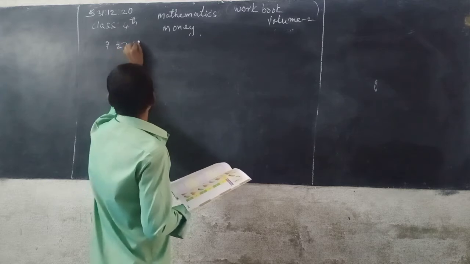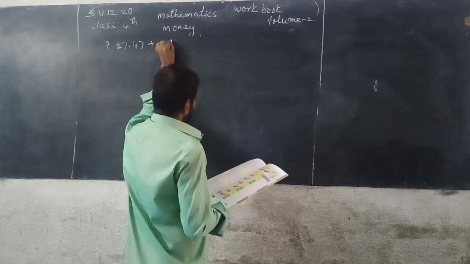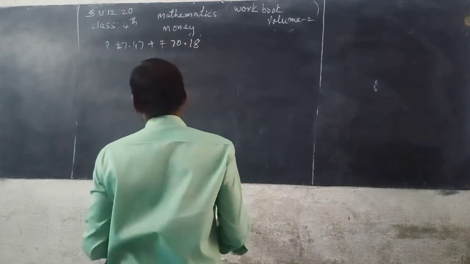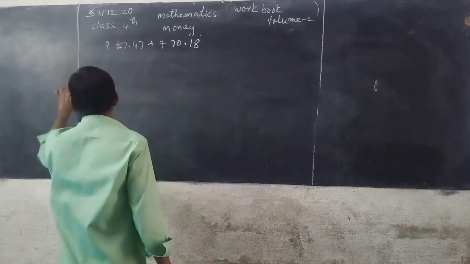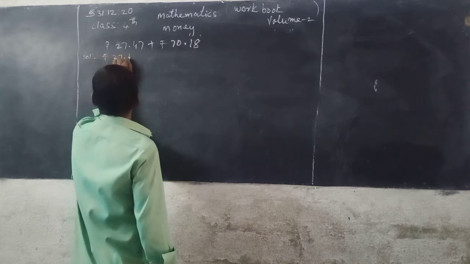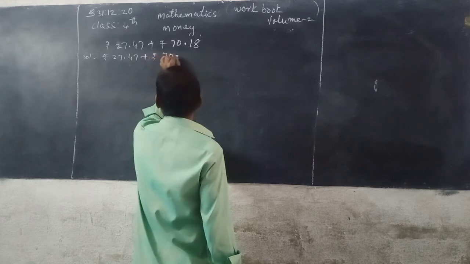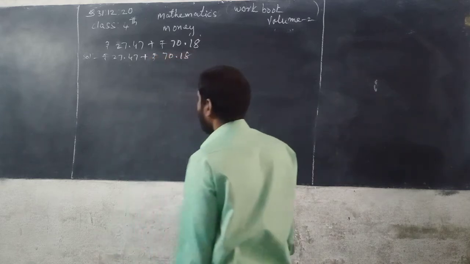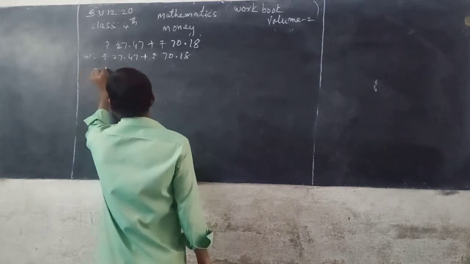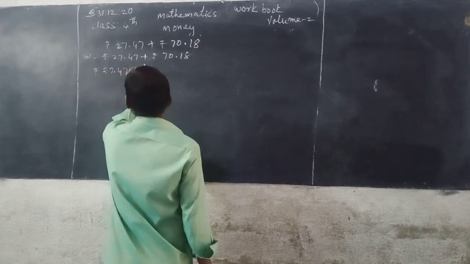27 rupees 47 paise plus 70 rupees 18 paise. First, we have to take 27 rupees 47 paise.